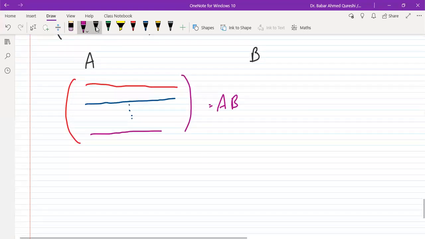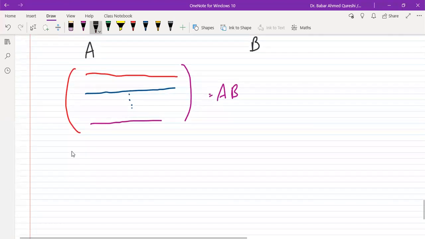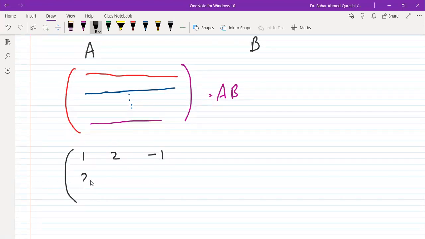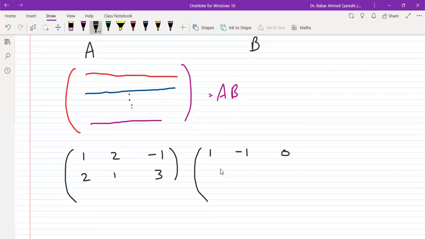Maybe we should do a small example. You have two rows and three columns, and over here, let's say you have three rows and three columns.